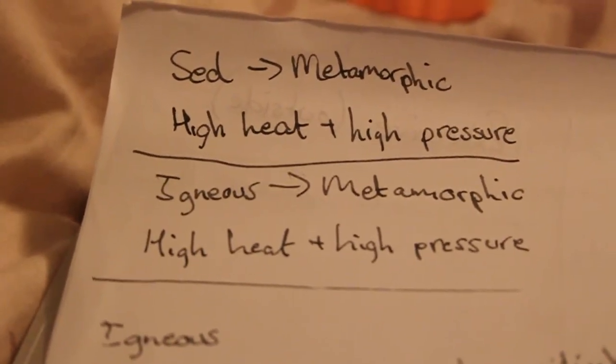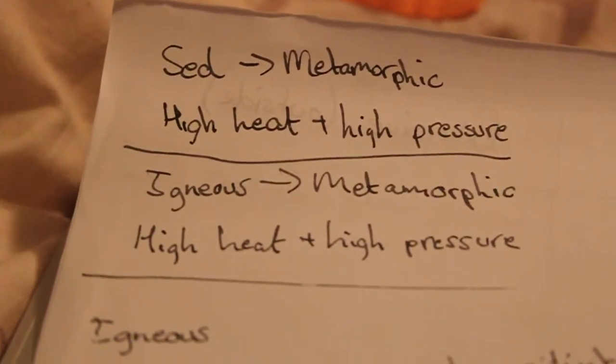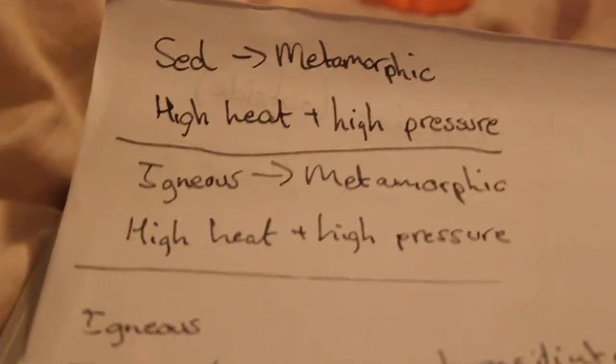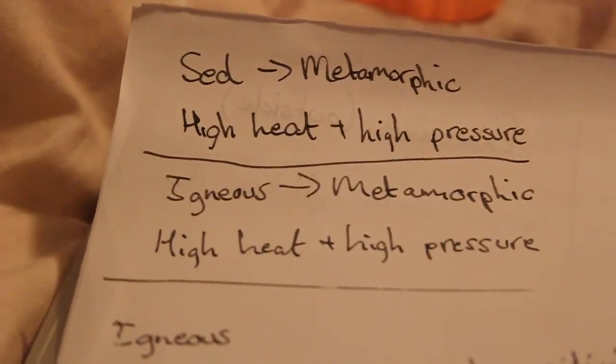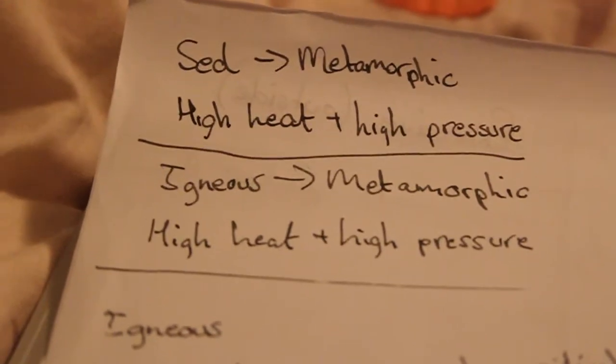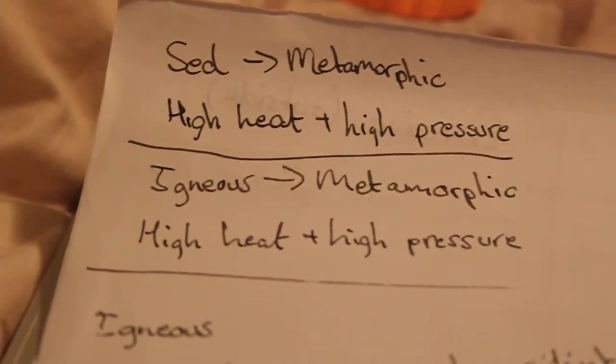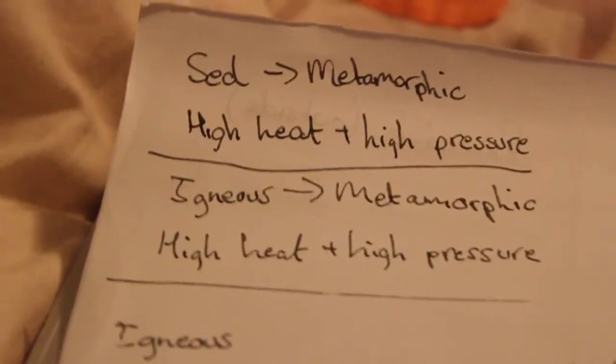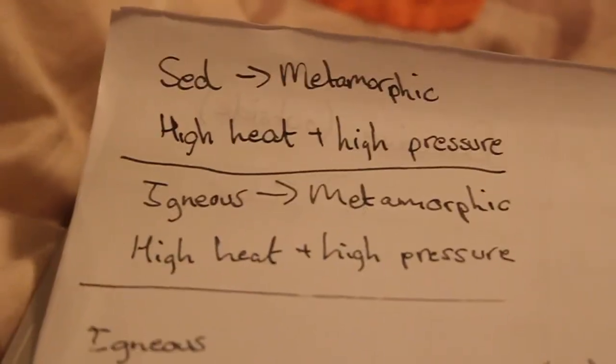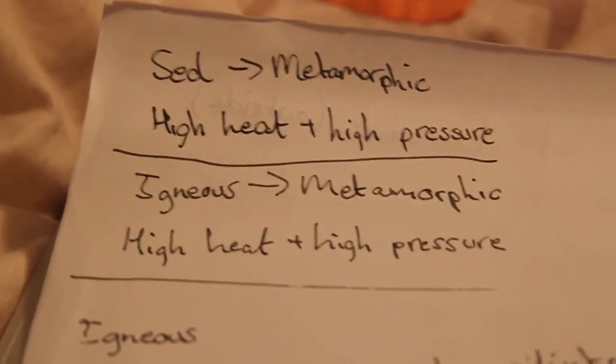When sedimentary rock is put under high heat and high pressure, it forms a metamorphic rock, and also igneous can turn into metamorphic rock in the same procedure. Quite basic really, that's all you really need to know at this level.